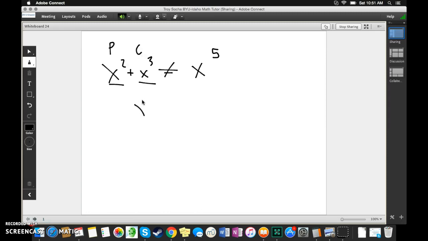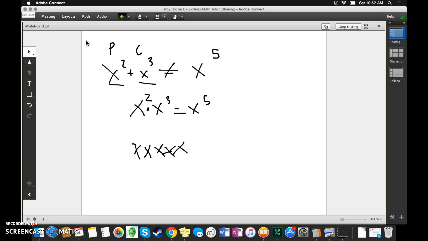But if it was x squared times x to the third, then that equals x to the fifth, because now we're multiplying like things. Now they're the same, so we can combine them. We can't combine them before because they're different things. And that's why our exponents are different.